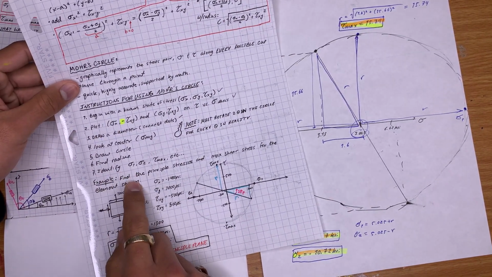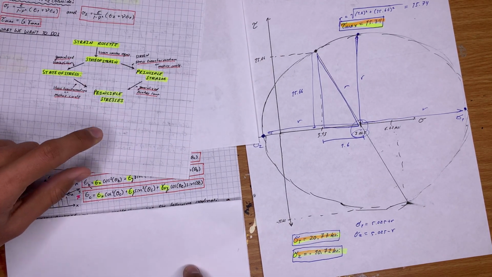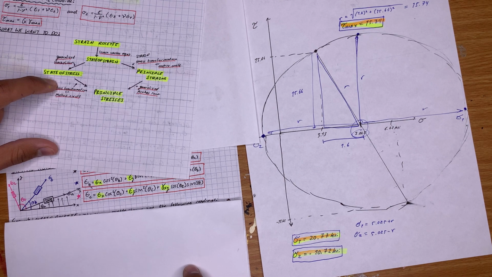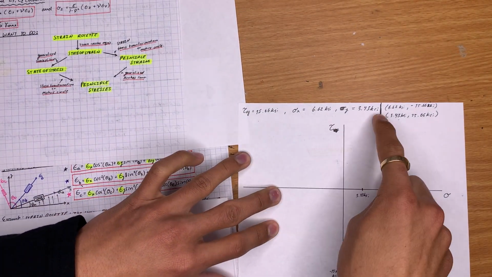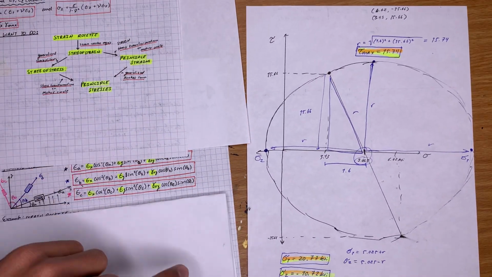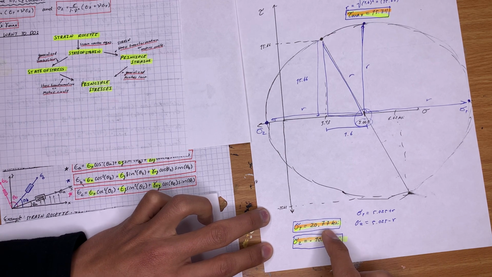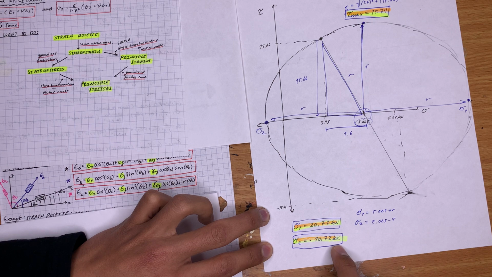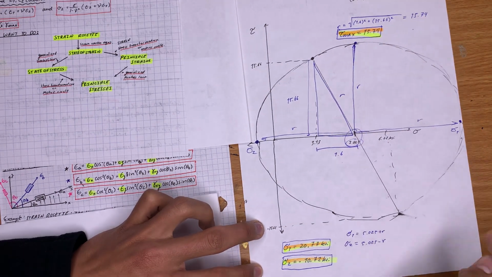Pause the video if you'd like to read those. And that took us from our state of stress, these values here, which I already explained, to our principal stresses, which are sigma 1 is equal to 20.77 KSI, sigma 2 is equal to minus 10.72 KSI, tau max is equal to 15.74 KSI.